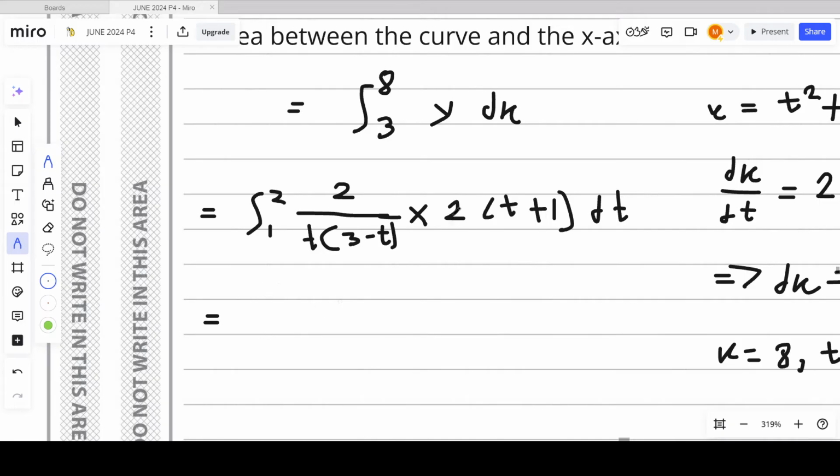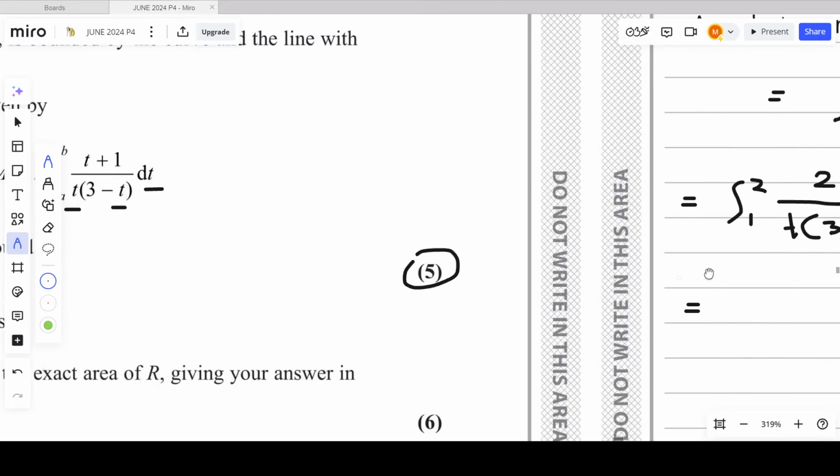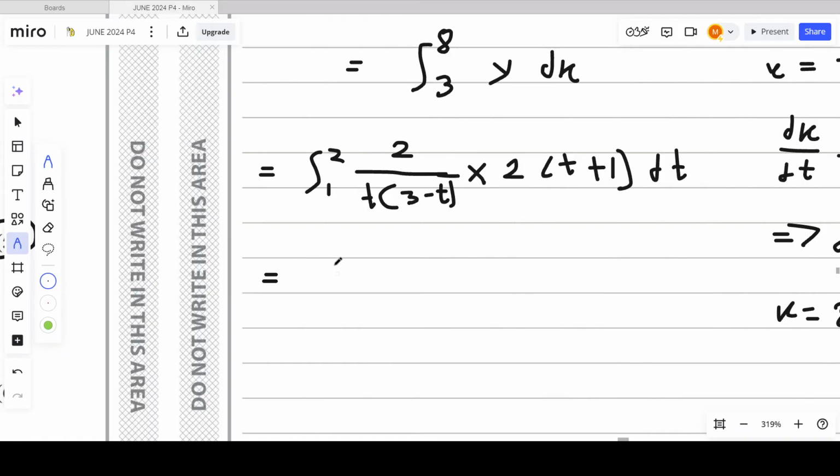So 2 times 2 is 4. We can take 4 outside the integrand and then integrate from 2 to 1, with (t plus 1) over t times (3 minus t) dt. Done.